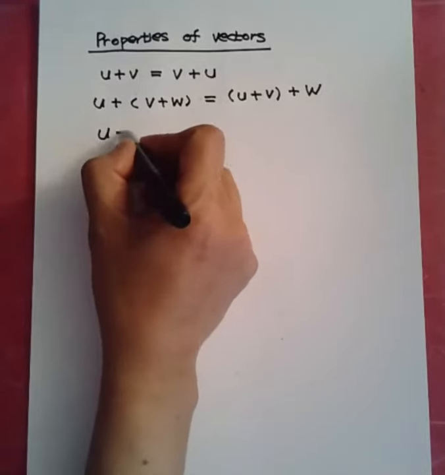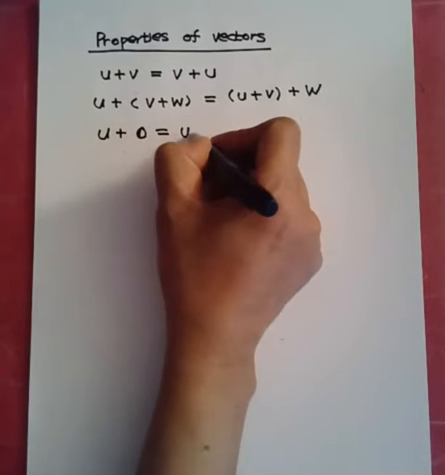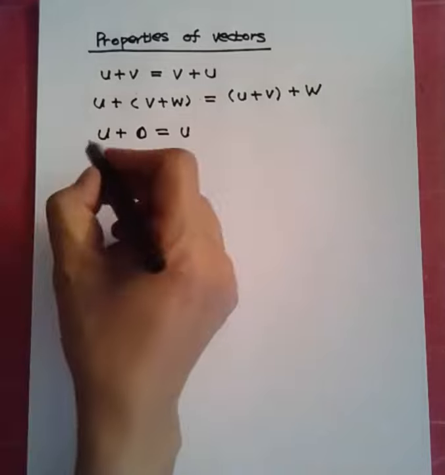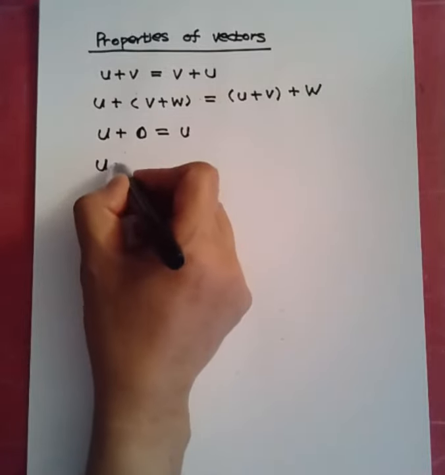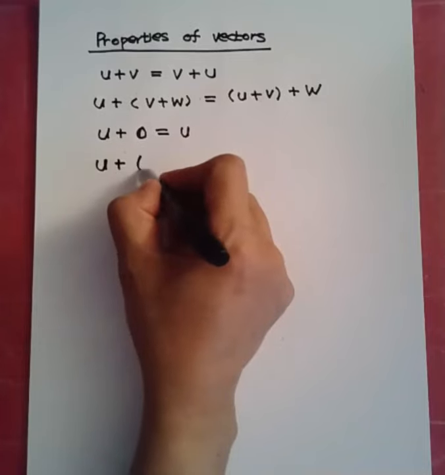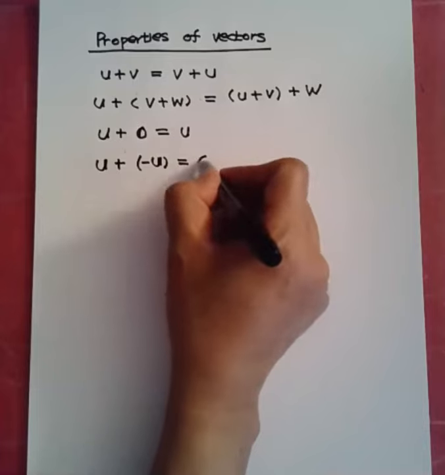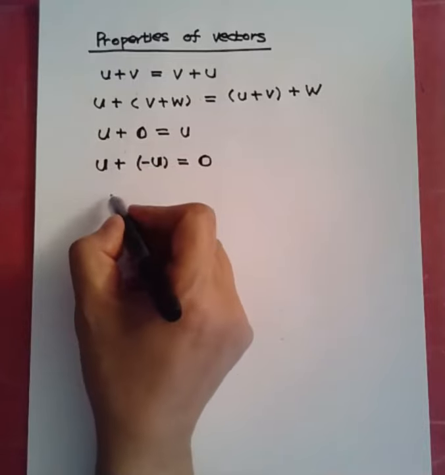And obviously, if we add a zero vector to the vector, then that'll be the vector itself. There is an inverse property. If you add -u to u, then you will get a zero vector.